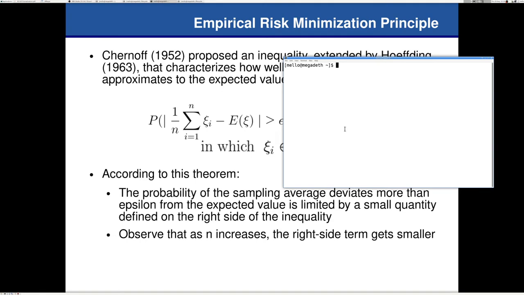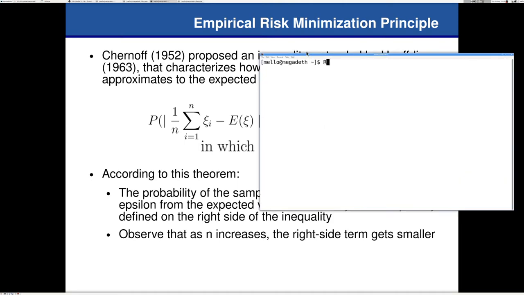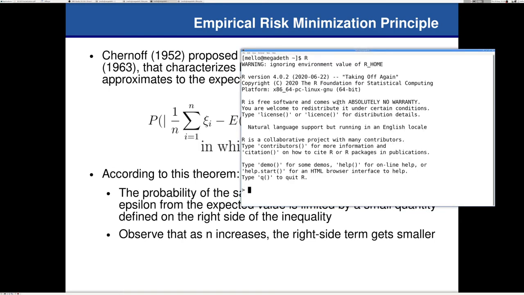Let's open. I'm going to increase the font over here. Yeah, like this. And I'm going to open my R and I will simply plot this upper bound term: 2 times the exponential of -2 times n times some epsilon squared.